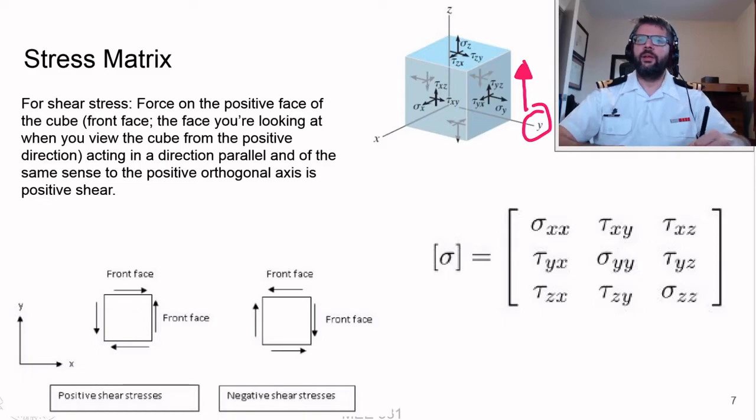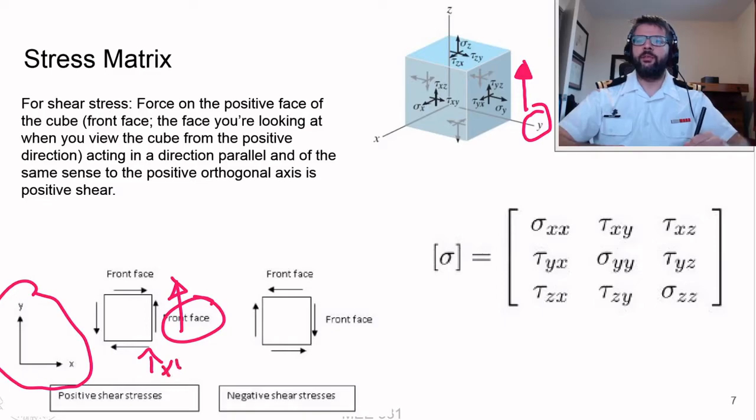So again, here, if we're looking just at the xy coordinate system, we've got the front face here, and we're pushing upwards, then that is going to be a positive tau xy shear stress.